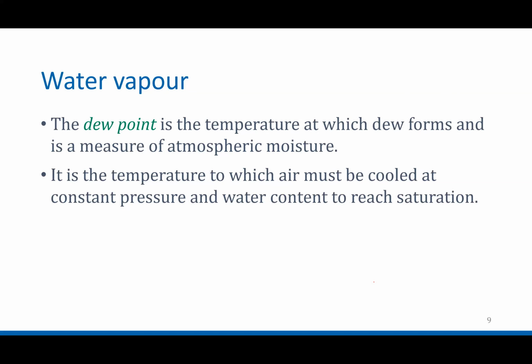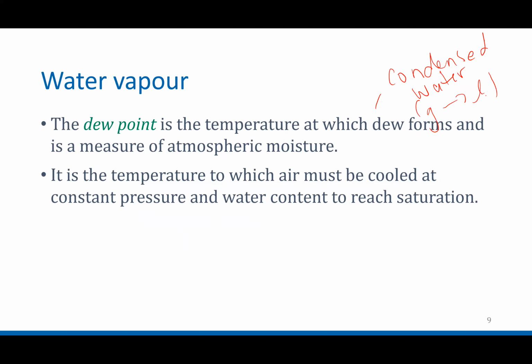So the dew point is good to know when we talk about water vapor. This is the temperature at which dew, which is condensed water, okay, condensed water, guys, it's when it goes from gas to liquid. Okay, so gas to liquid.